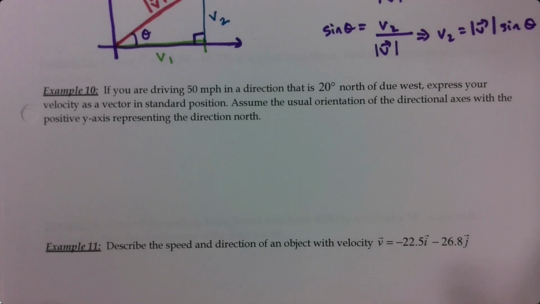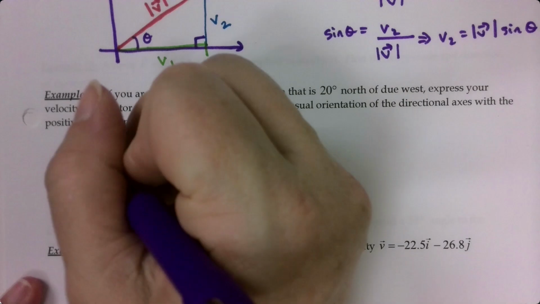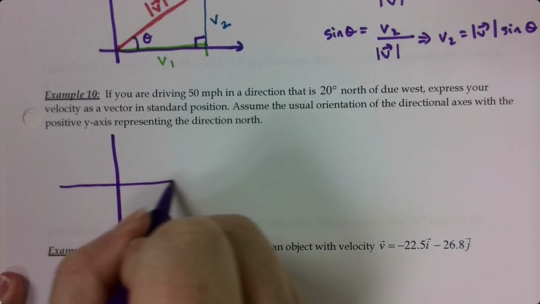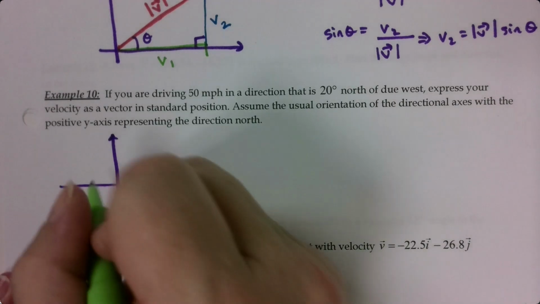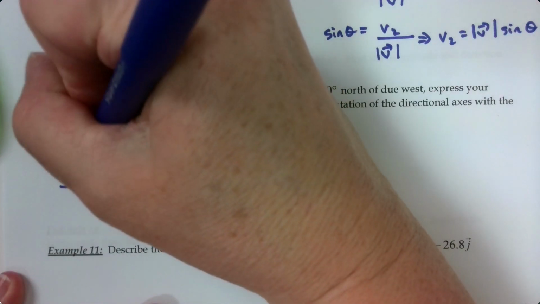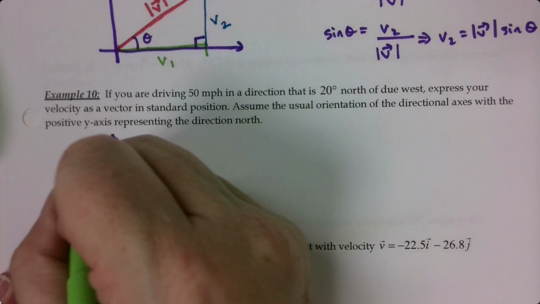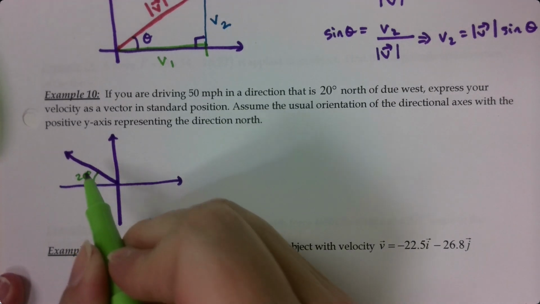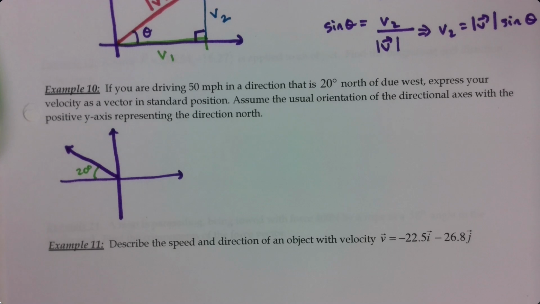Okay, so you're going to drive 50 miles per hour in a direction that is 20 degrees north of due west. So let's draw an axis here. North of due west means you have an angle here that is 20 degrees, which is measured from the negative x-axis.